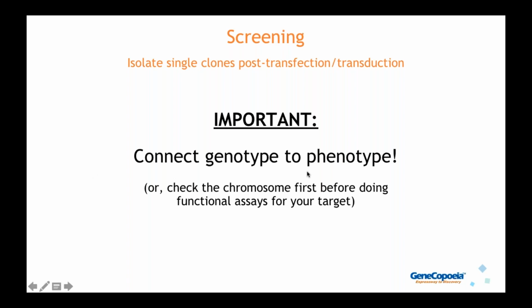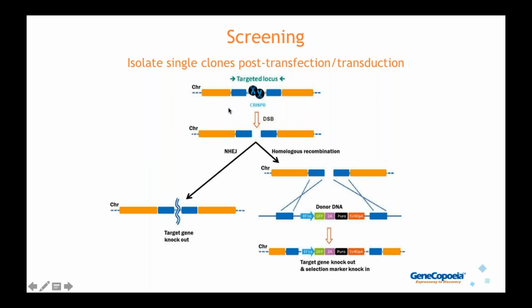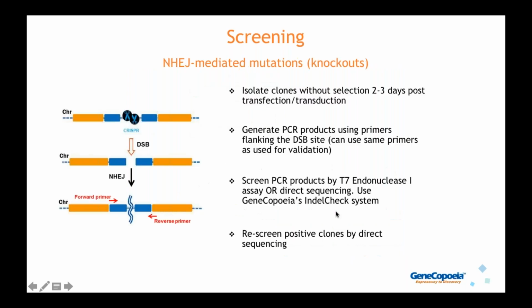Okay, and to do that, again, that depends on the type of application you're doing. If you're doing non-homologous end joining, the procedure is different from if you're doing applications that require homologous recombination. For non-homologous end joining, we recommend using the T7 endonuclease 1 assay, looking for indels that I mentioned before for validation.